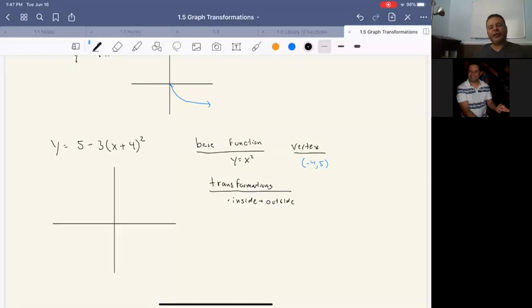So the first transformation is going to be left by 4, or a horizontal shift of -4. Okay, so we're going to start out with y equals x squared, horizontal shift, 1, 2, 3, 4.